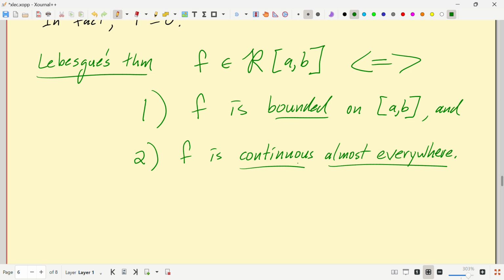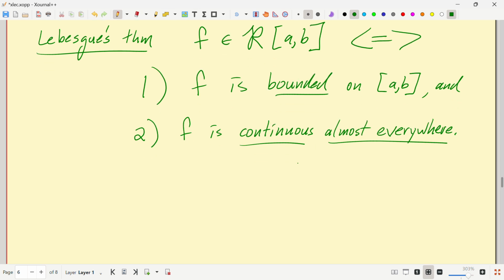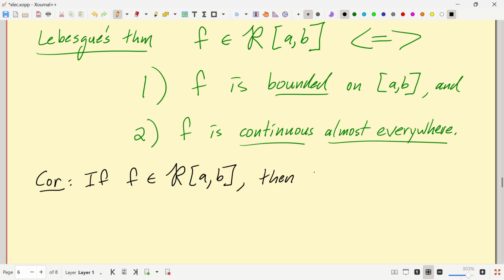The book uses this to prove as a corollary that if f is Riemann integrable, then so is the absolute value of f.